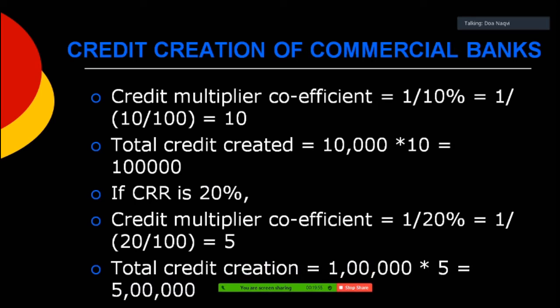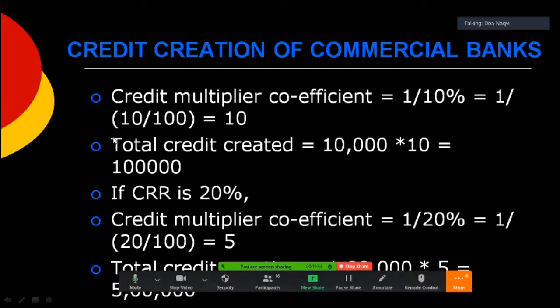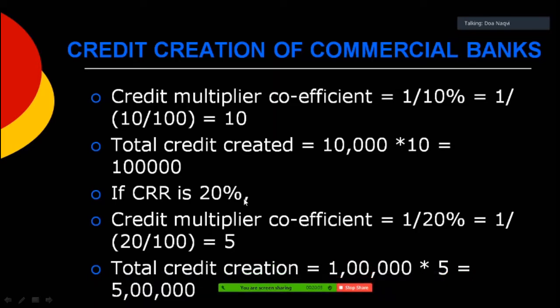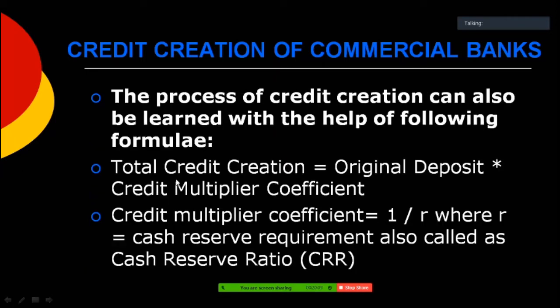Now can you calculate the total credit created for our example that we have used earlier? In the example that we have used, the original deposit is 1 lakh rupees and the credit multiplier coefficient will be 1 upon R. 1 upon R is nothing but 1 upon 0.20.